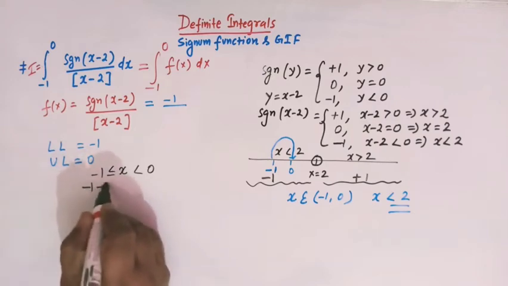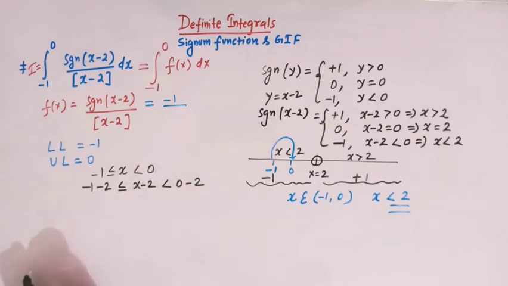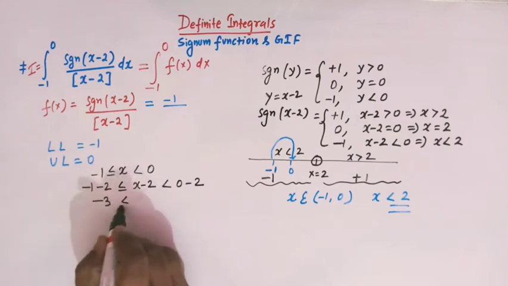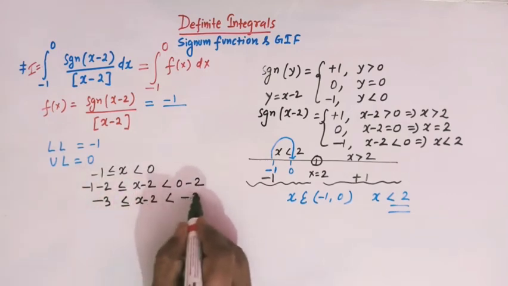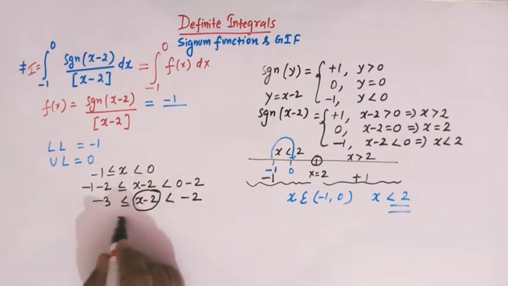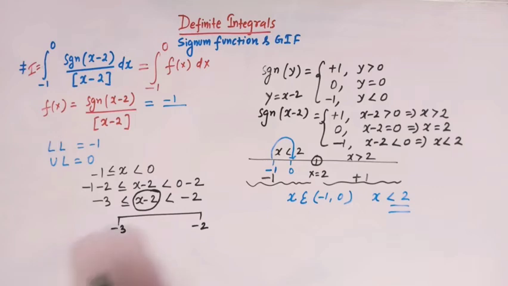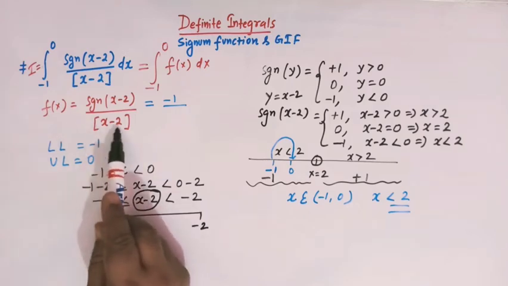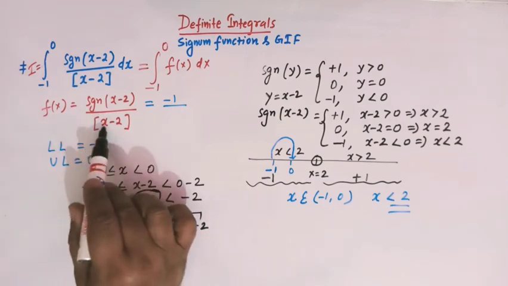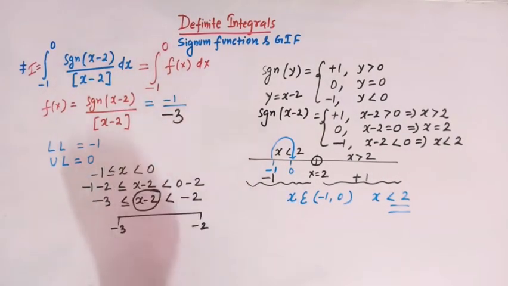We have minus 1 minus 2, x minus 2, and 0 minus 2, so we have minus 3, x minus 2, and minus 2. Now we see that x minus 2 lies between minus 3 and minus 2. So from the definition of greatest integer function, the value of greatest integer of x minus 2 is equal to minus 3.